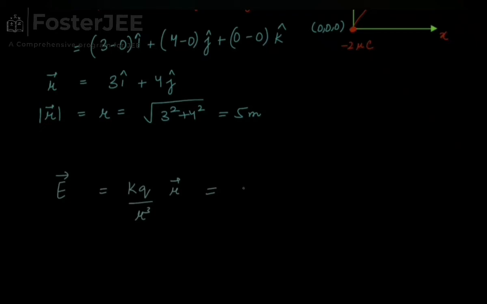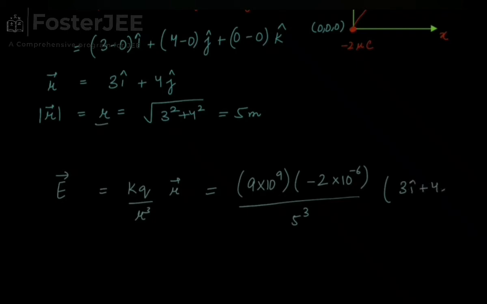Putting the values, the value of k is 9 into 10 to the power 9. Since it's negative charge, we have to put minus sign, or else we have to reverse the directions. This micro can be written as 10 to the power minus 6, upon r cube, where magnitude of r is 5 meters, into vector r, which is 3 i cap plus 4 j cap.